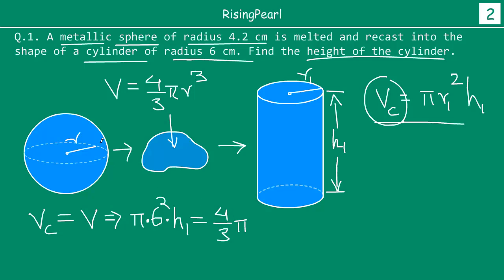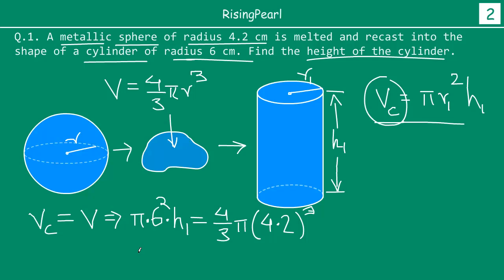So 4 by 3 pi, and the radius of this sphere was 4.2 centimeter. So 4 by 3 pi r cube, where r is 4.2 centimeter cube.